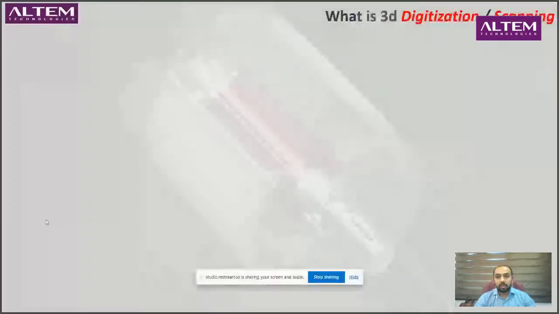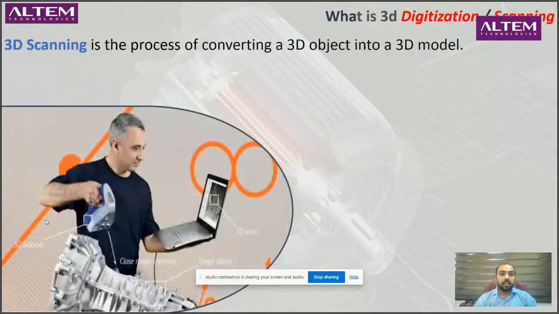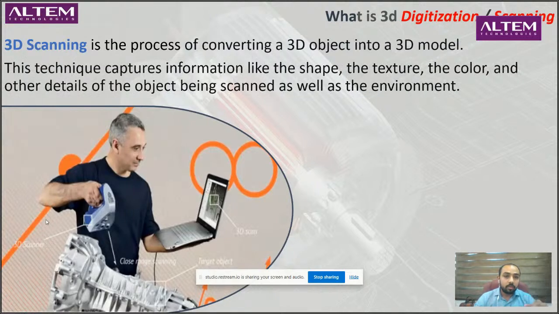So let's begin our session with the basics, and discuss what 3D digitization means. 3D scanning is the process of converting a 3D object into a 3D model. Whatever is on your object, its shape, texture, color, or the detail of that part, is captured with the 3D scanner.